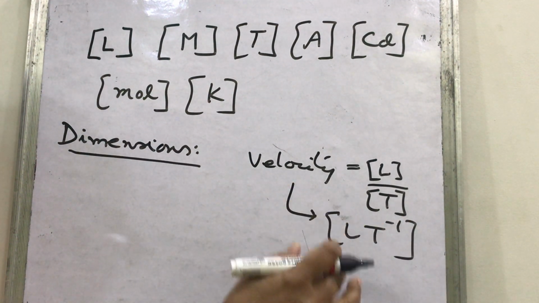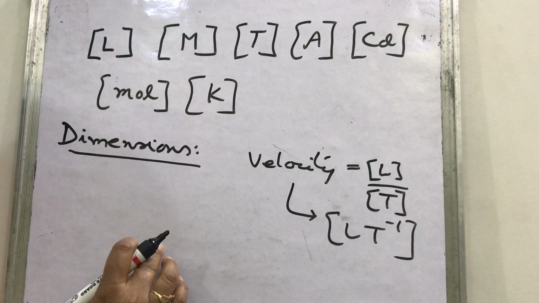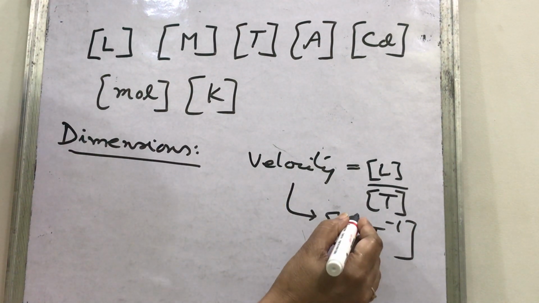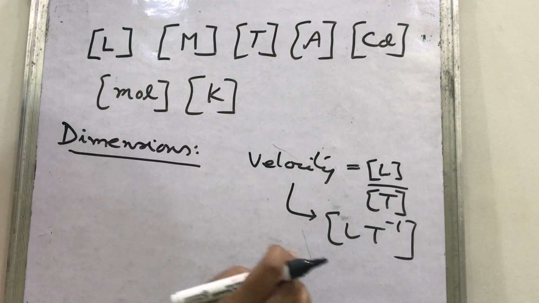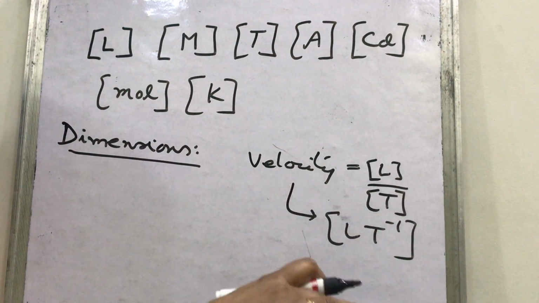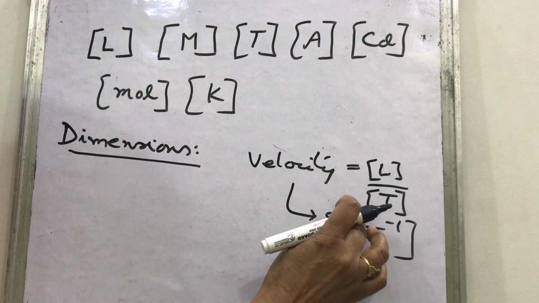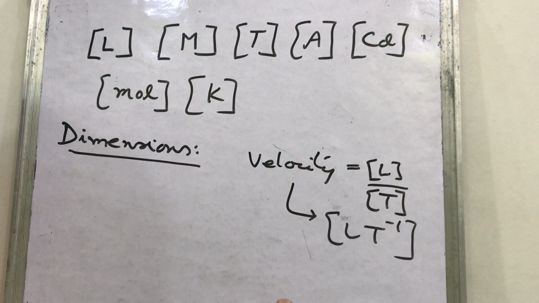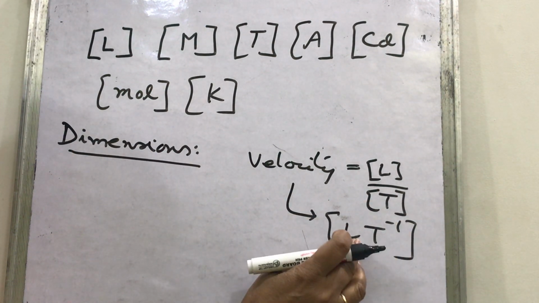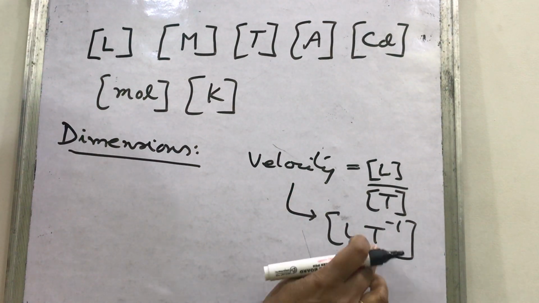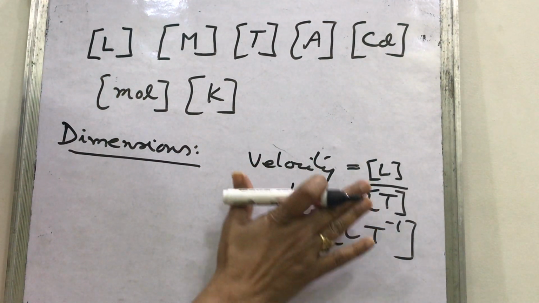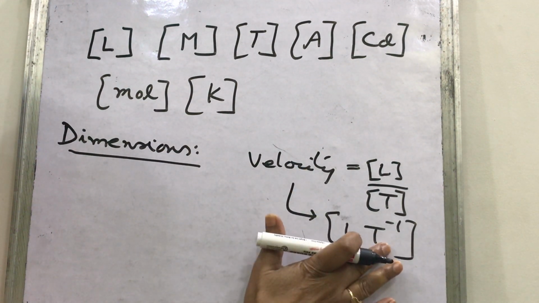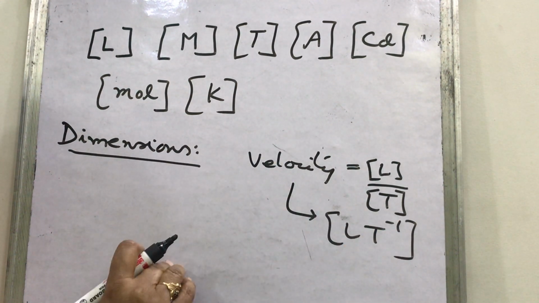How will you read it? What are the dimensions of velocity? 1 in length and minus 1 in time. So length power is 1, time power is minus 1. So dimensions are the powers raised to the physical quantity to describe it completely.